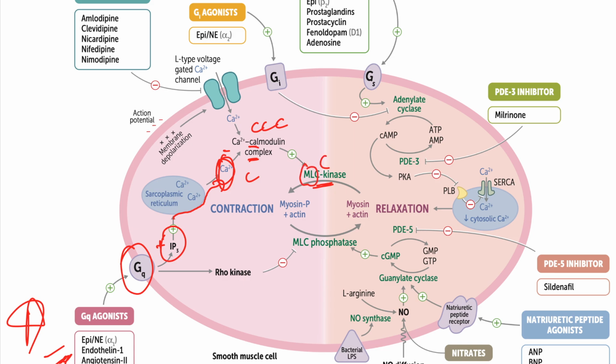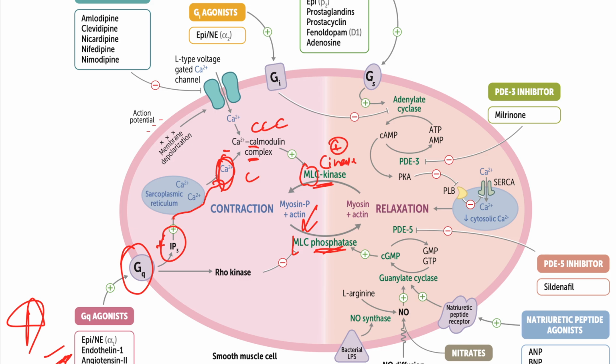So instead of calling it kinase with a K, call it kinase with a C, because the other guy is going to be MLC phosphatase, which is different. So here, what we have is kinase. For C, calcium stimulates the kinase. That's important.